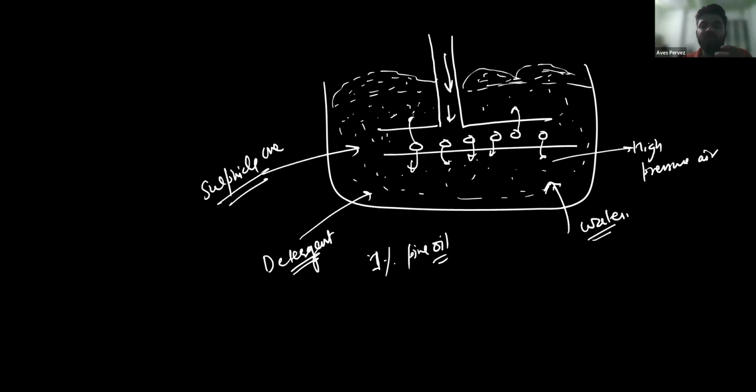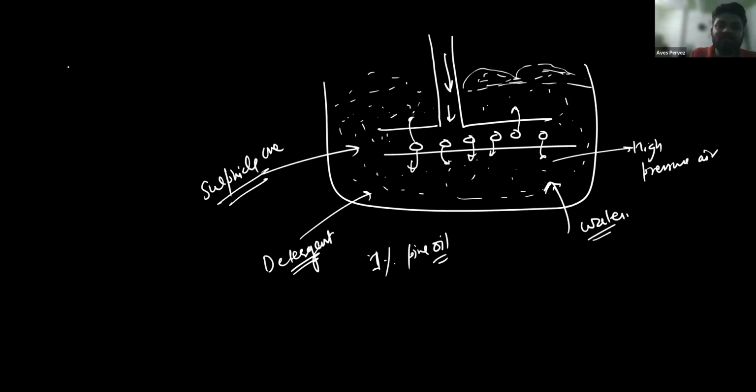This is how we remove the froth, which brings the pure ore particles along with it, and the mud present in the sulfide ore gets mixed with the water. So this is how the froth flotation method works.